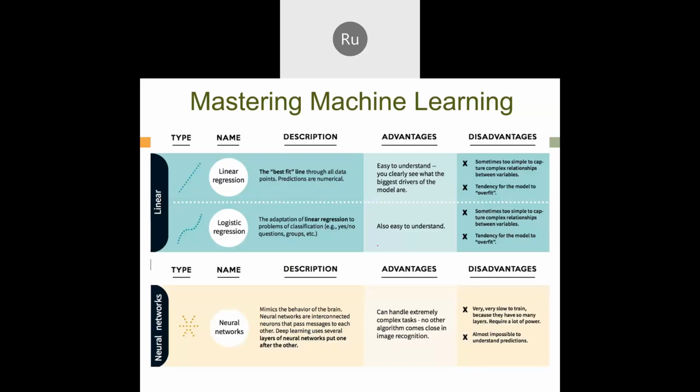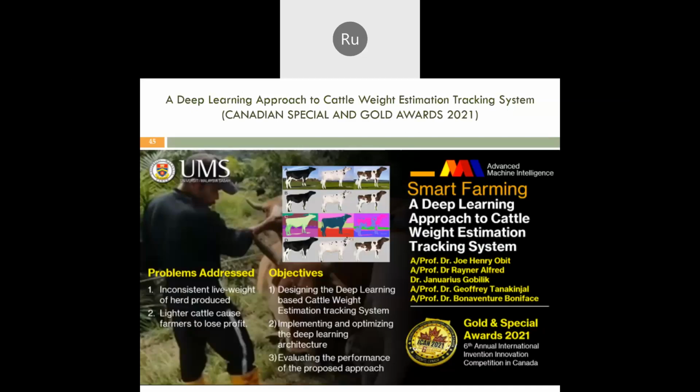Okay, let me skip this one. This is a sample of projects that we have done, just to give you an overview of what kind of applications we do when we apply machine learning. In this one, we are looking at a deep learning approach to estimate the weight based on the image.